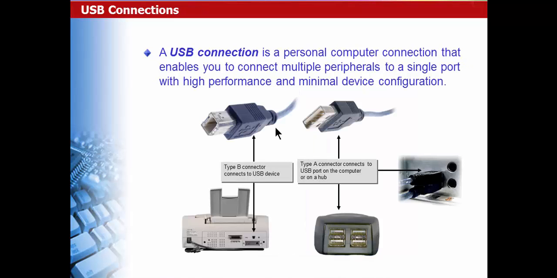And also we have USB connections, which are quite common these days. USBs are connected in two ways, type B and type A. Type B is mostly plugged into the device, so on the device side we have a type B connection. And we have a type A connection to the system. On the back of the system we have USB ports, so we need to plug that into the system CPU.